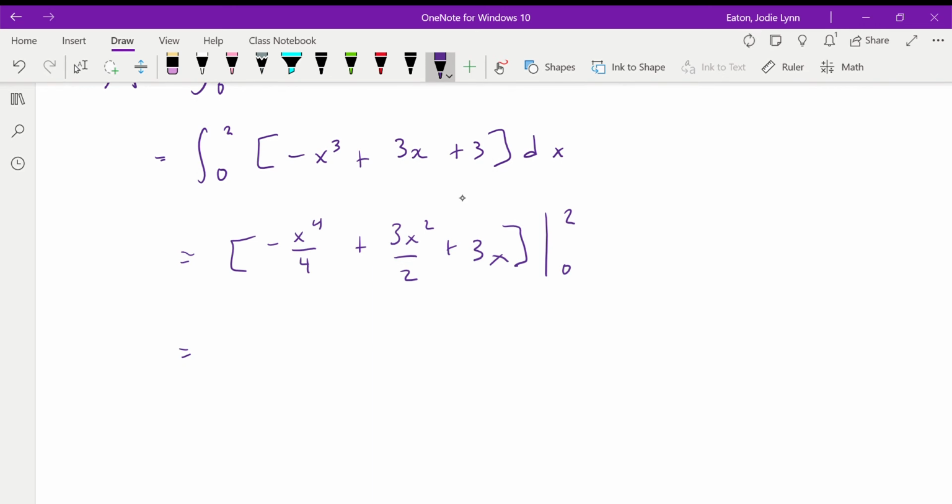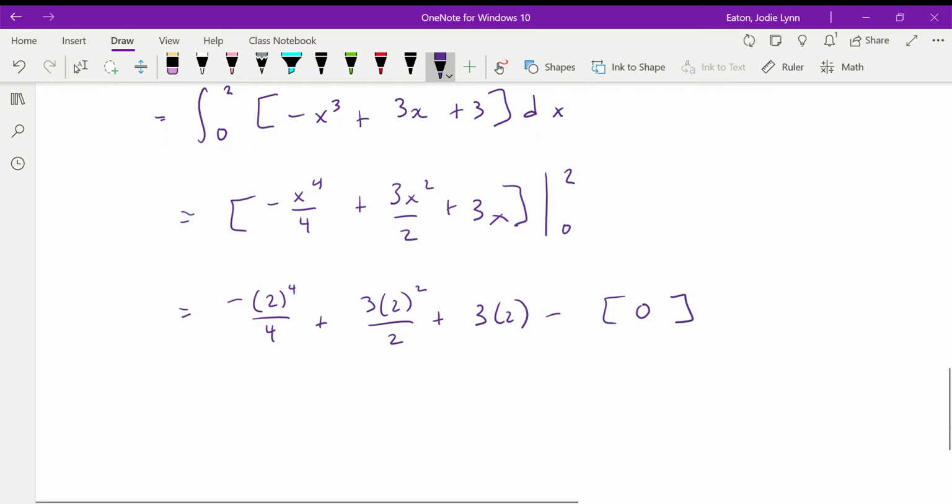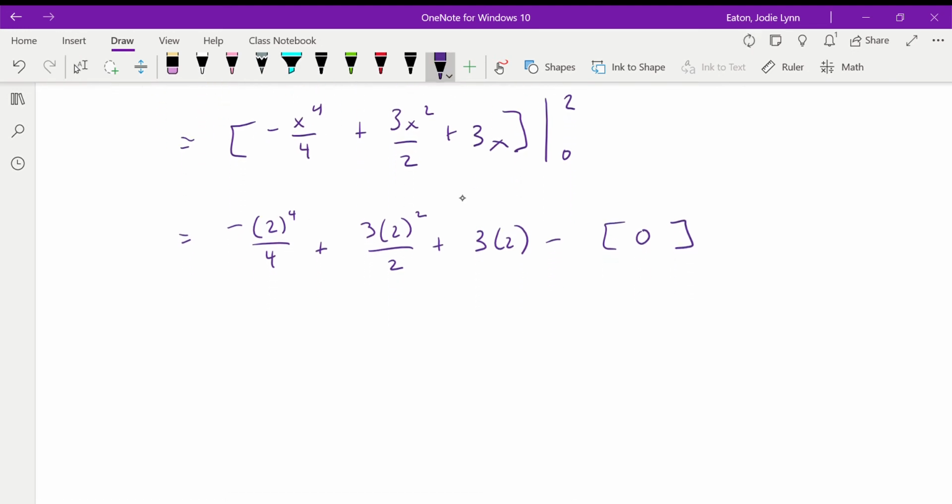Okay, so this is minus 2 to the 4th over 4, plus 3 times 2 squared over 2, plus 3 times 2, minus, and since there are all x's in there, it just comes out 0. Okay, which gives us minus 4 plus 6 plus 6, so that's 12, take away 4, which is 8.